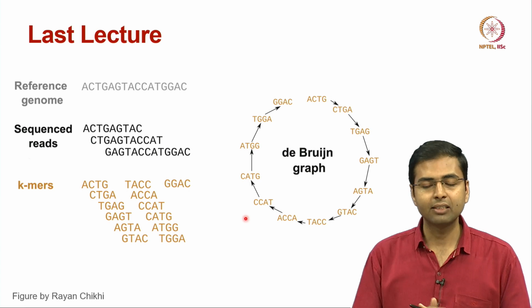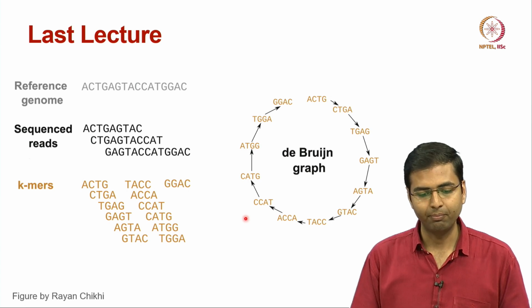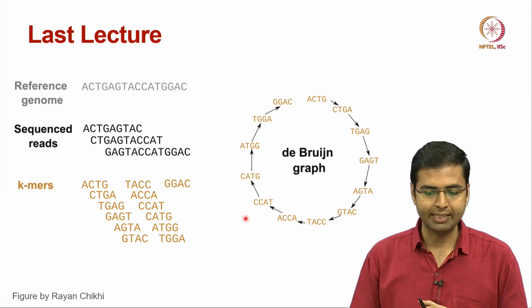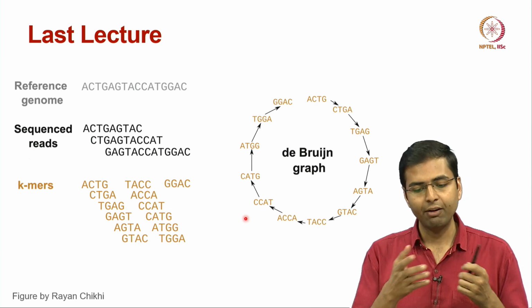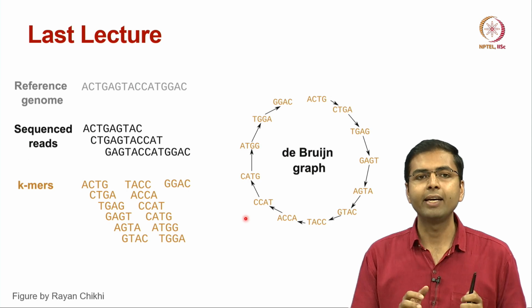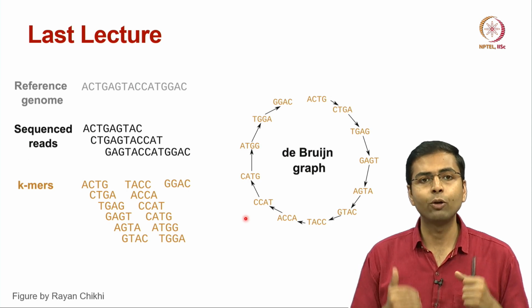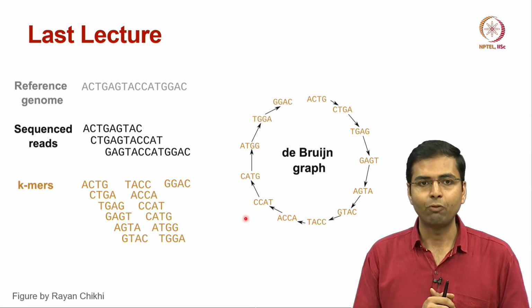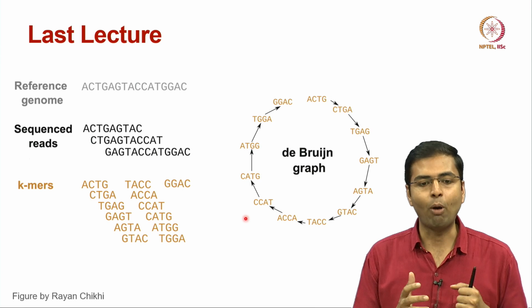So I am illustrating this de Bruijn graph method using a simple example, and we gave a formal definition for de Bruijn graphs, and then we went into significant details on how we can use de Bruijn graphs for solving the genome assembly problem.